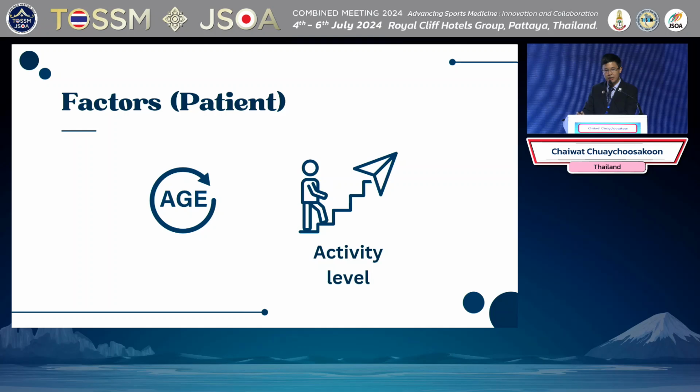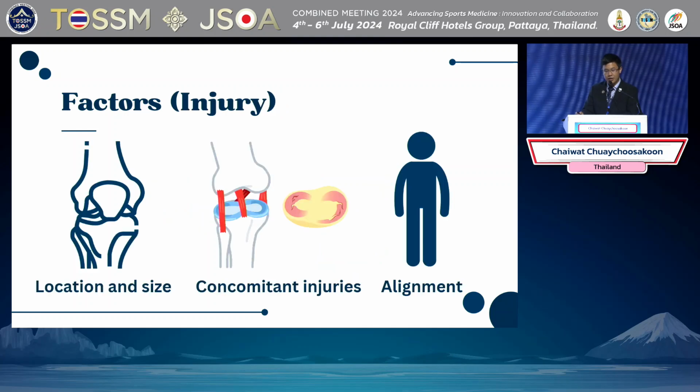For treatment, there are factors the surgeon should determine and evaluate. The first is the age of the patient, and the second is the activity level. The lesion is also a main factor the surgeon should be concerned about: the location and size, the concomitant injuries, and the alignment.